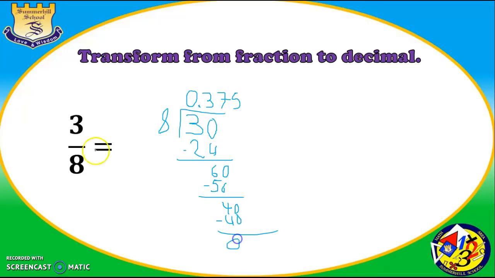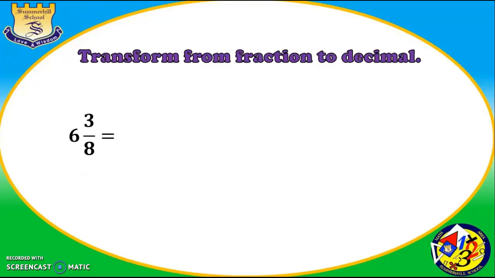Remember, when we are converting a fraction to a decimal, we have to finish the division until 0, well, to know what is the correct one. So now this one is the answer, 0.375. Now that will happen when you have a mixed number. Well, the mixed number, remember that during classes I told you that there is 6 point something.